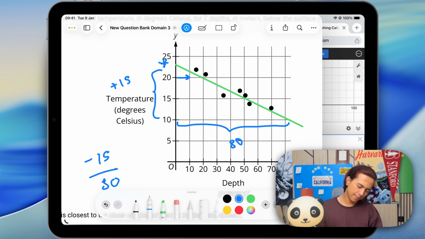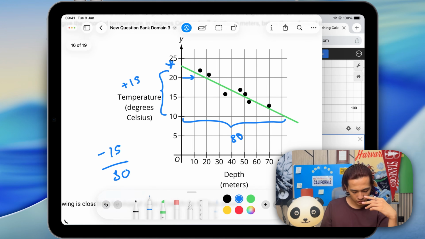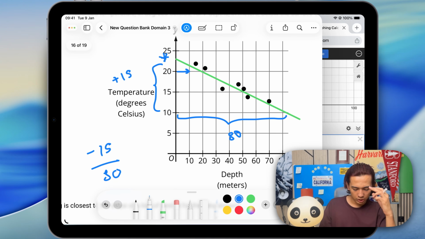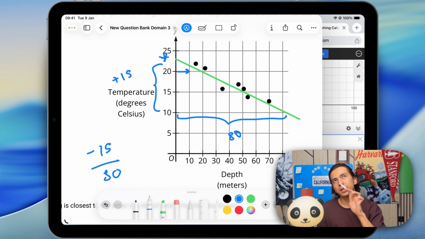But options C and D say the y decreased by like 6, 8, so it's not going to be one of them. But negative 2, maybe it's close. When x increases by 1, y decreases by 2, so when x increases by 10, y decreases by 20. But when x increased by 10, y did not decrease by 20.